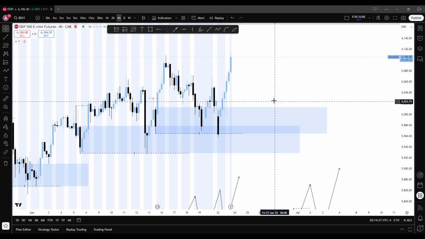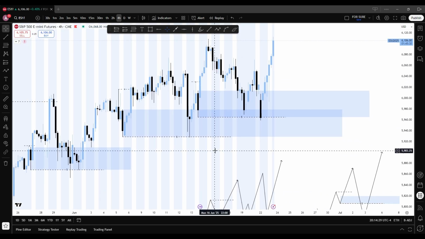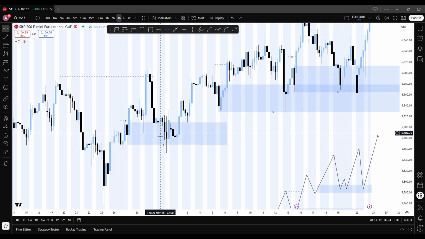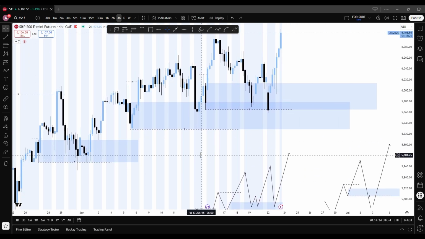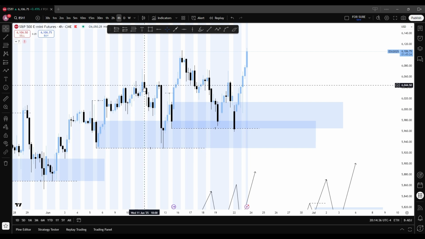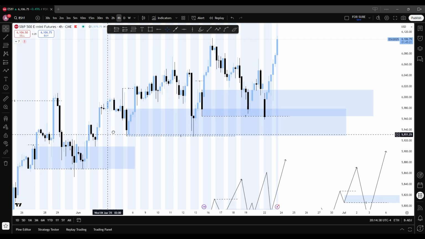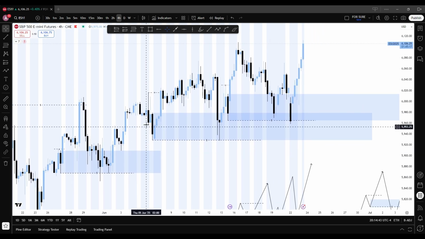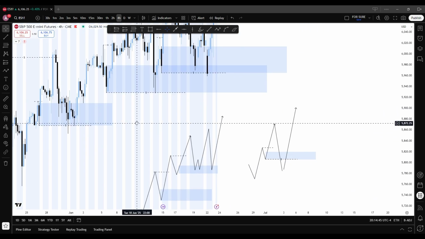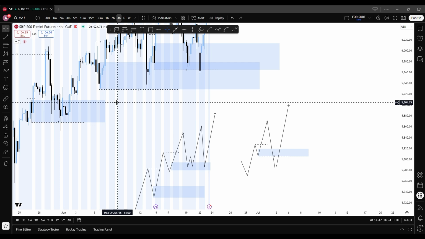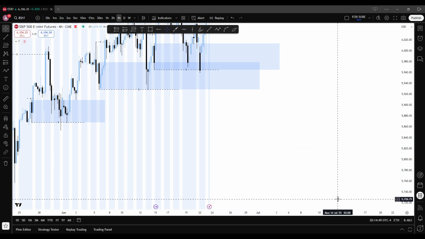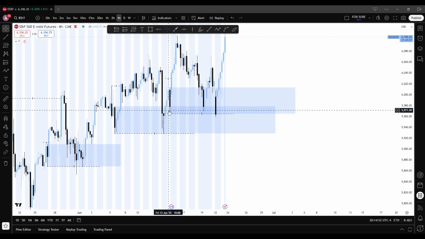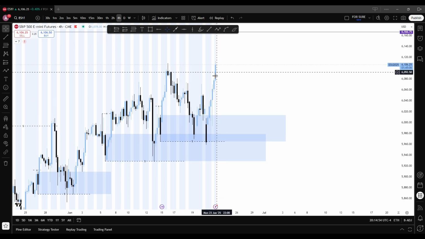I could have seen all this without marking it. I was just marking it for you guys so you can see why the market moves, why these big moves are happening, because this is not happening for no reason. There's a reason for these moves right here. Once you have it all marked up, you can see what's happening, and you're like, oh, okay, that makes sense. Why did we have this big move from here?